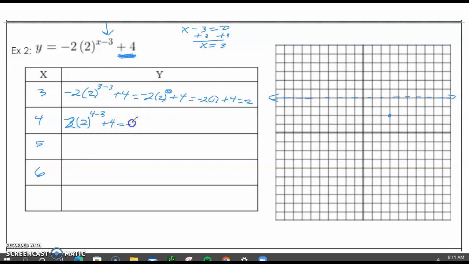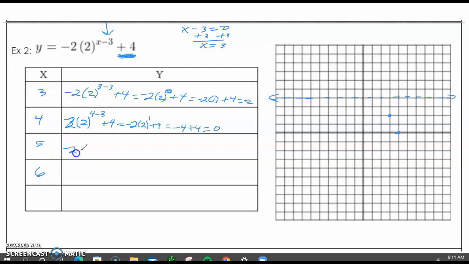Let's see, so that's negative 2 times 2 to the first plus 4. Negative 2 times 2, negative 4 plus 4 is 0. So 4, 0 is our next point.